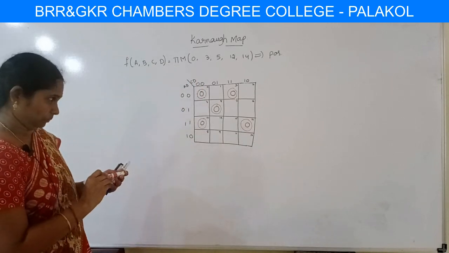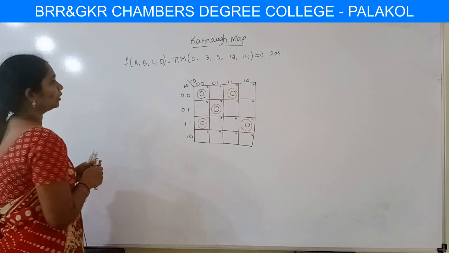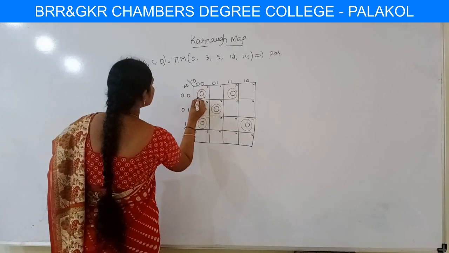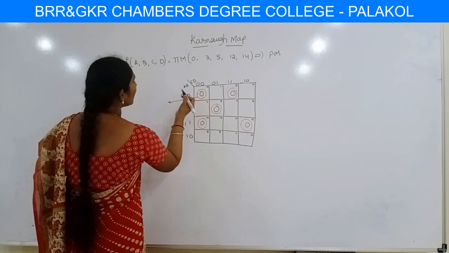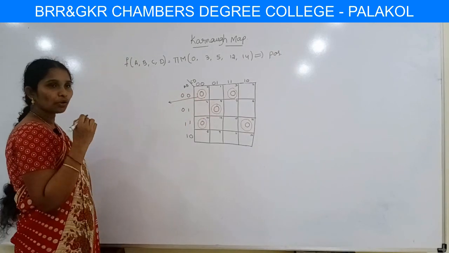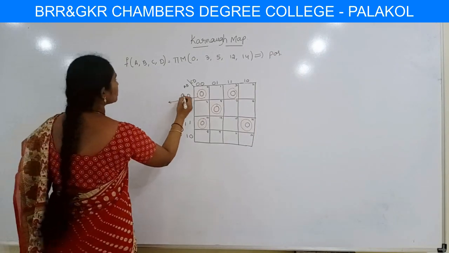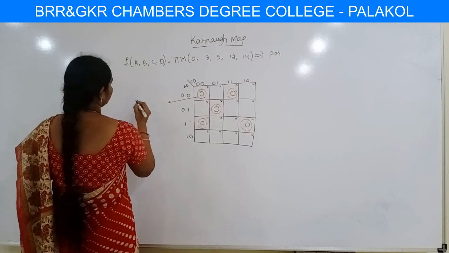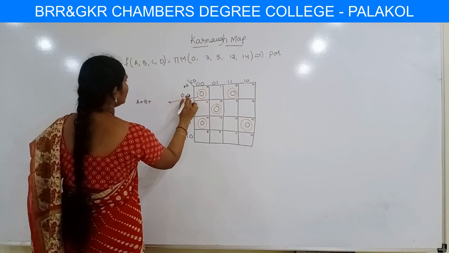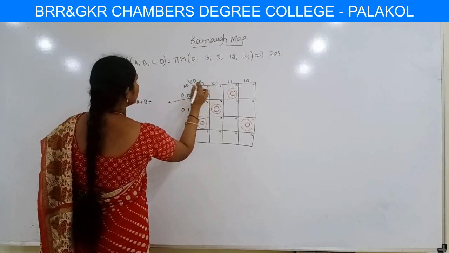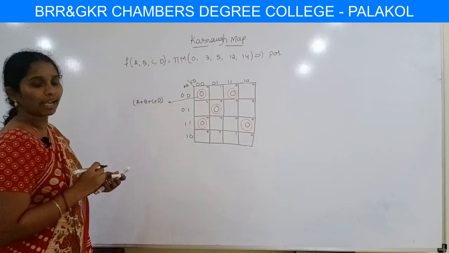How to represent these numbers? First we consider this number. For looping this number, it is 0, 0, 0, 0, which in POS form we write as normal variables: A plus B plus C plus D. This is one expression.